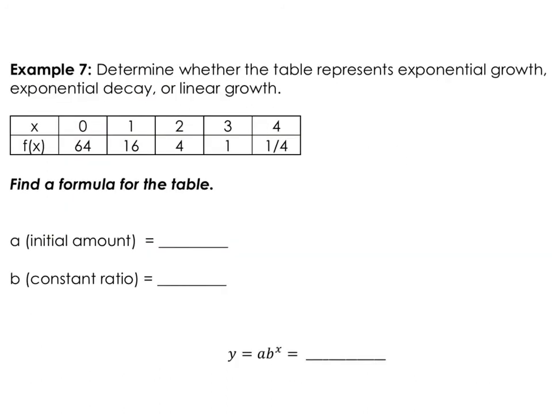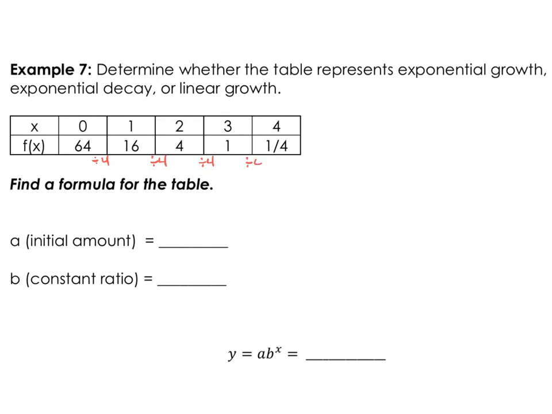Okay, something we've done before in the past, I want to touch on it one more time, and especially talking about it with a table. So looking for patterns again. How are we getting from 64 to 16 to 4 to 1? It looks like we are dividing by 4.